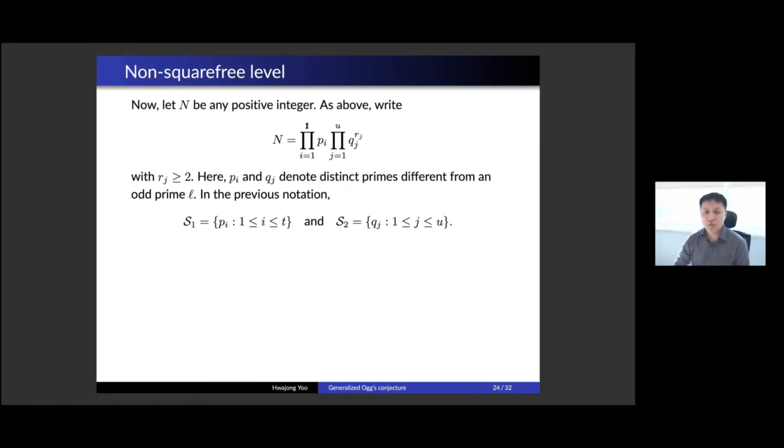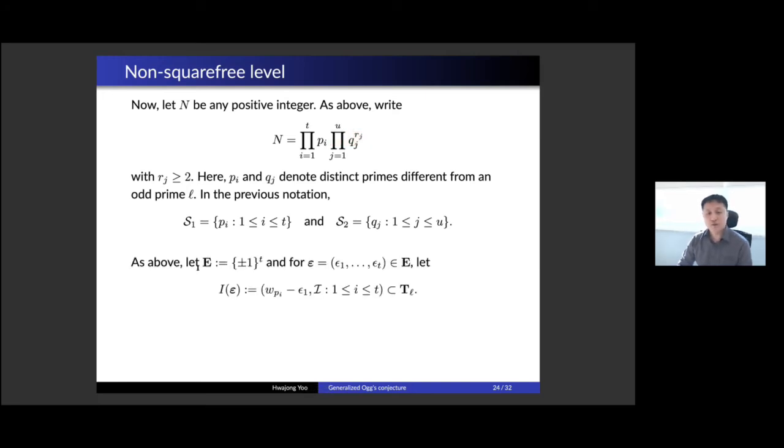Here T is the number of elements in set S1, and U denotes the number of elements in set S2. And here we assume r_j is at least 2. So this is somehow a square-free part, which we added in the previous discussion. So we need to consider this part.